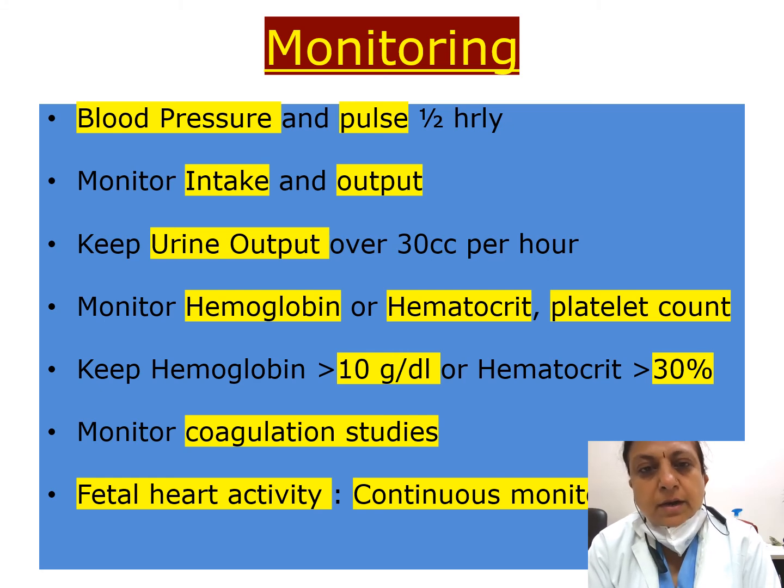Monitor intake and output. Keep urine output over 30 cc per hour. Monitor hemoglobin, hematocrit and platelet counts. Keep hemoglobin level above 10 grams per deciliter or hematocrit target above 30%. Monitor the coagulation studies; fetal heart activity is to be on continuous monitoring.